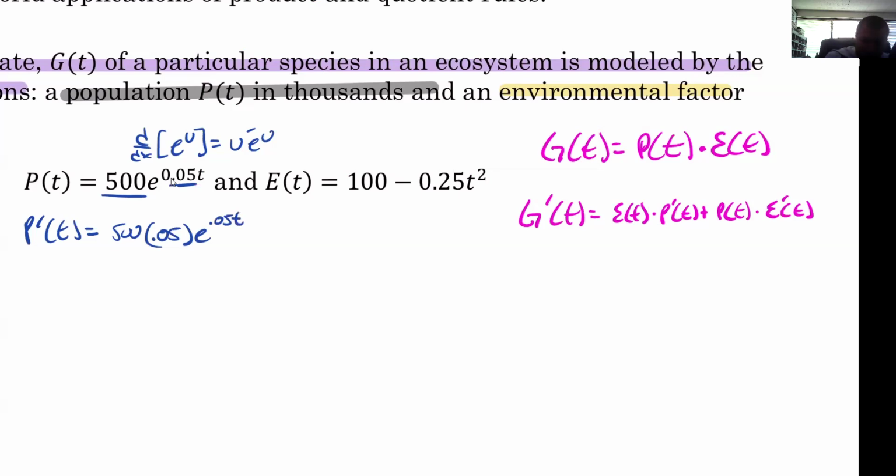So when I multiply 500 times 0.05, that would be 25, so 25e to the 0.05t. Yeah, that should be right. And then the derivative of this second function is going to be negative 0.5t. That's just a little bit of a product rule there.